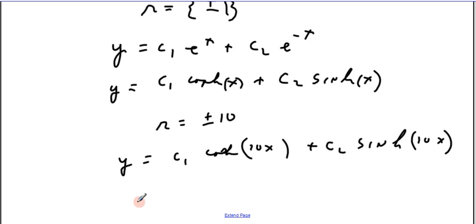It's perfectly okay, along with the one that would be c1 e to the 10x plus c2 e to the minus 10x. Okay, just one of those things we'll throw in there, and hyperbolic sines and cosines will come back and haunt us at a later time. Don't worry about it. Worry about it, but not that much. Oh, wait, they're here already.